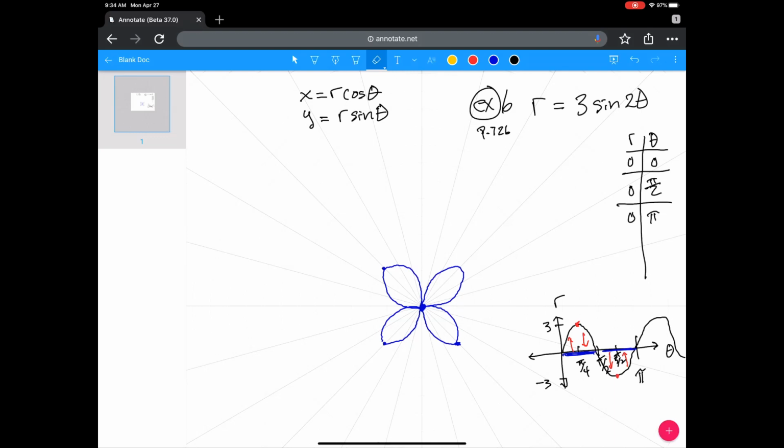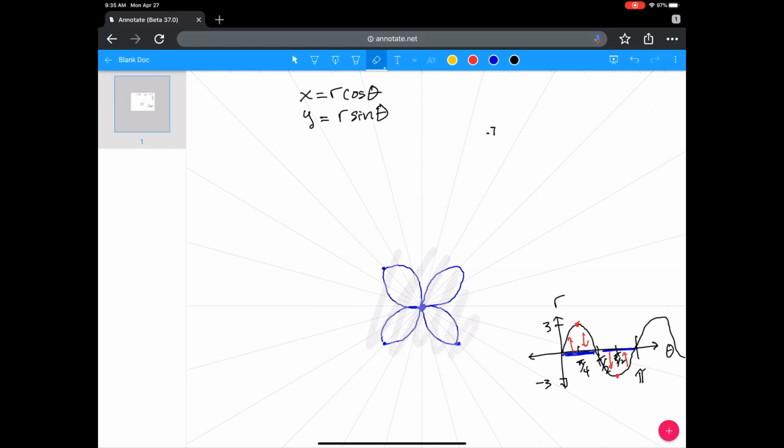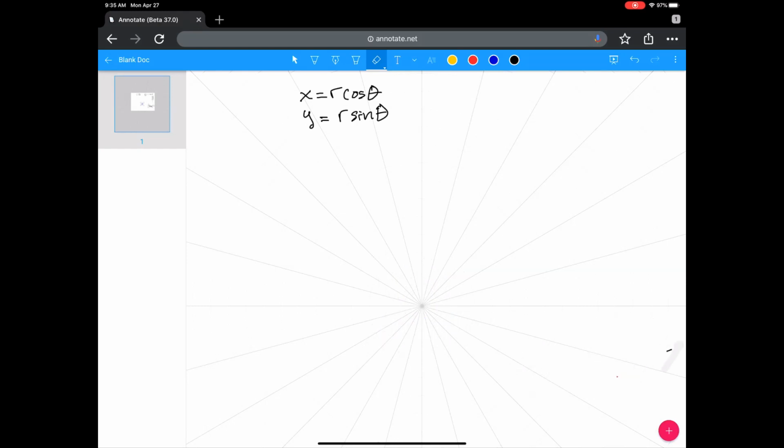One of the ways to consider how a graph might turn out that's helpful in some cases, not in all, is to look at the equations that I have written here to translate between x and y and polar.